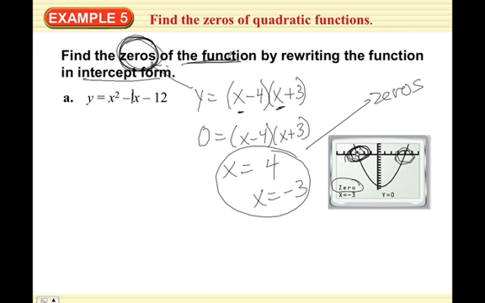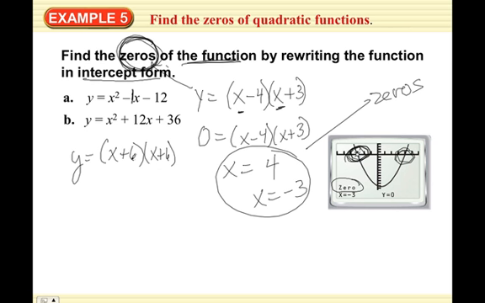Okay? So, you go ahead and do letter B. Find the zeros of letter B. So if you rewrote it in intercept form, it would look like x plus 6. And you could write it beside it for the moment, but really this is x plus 6 squared, right?